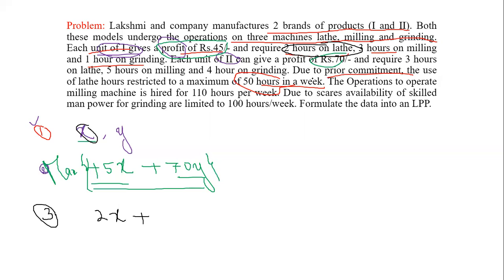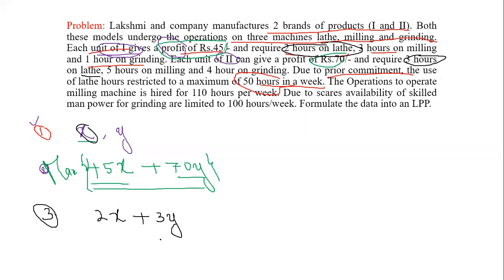Similarly, 3 hours for product 2 for 1 unit, but I want to manufacture Y number of units. Therefore, it becomes 3 into Y. So these are the total number of hours for both products together on the lathe machine.